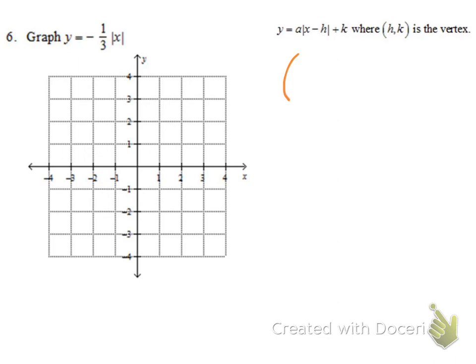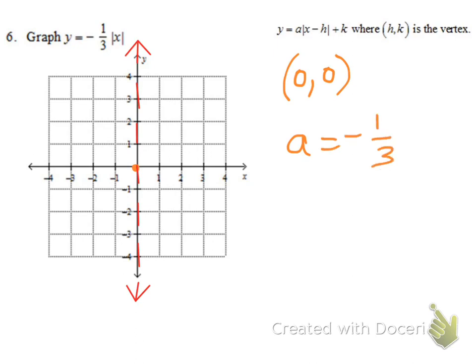On this one, our vertex is 0, 0. So put a point at the origin, draw your axis of symmetry. Slope of the right side, -1/3.